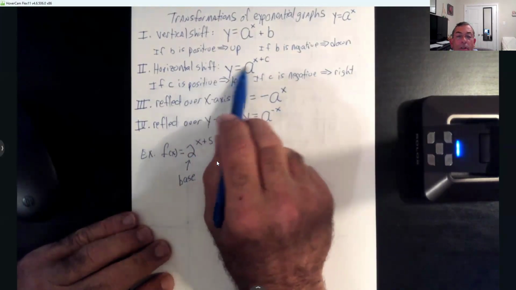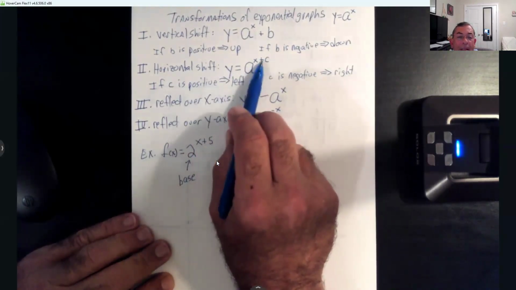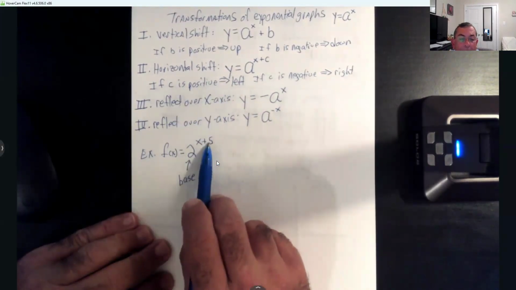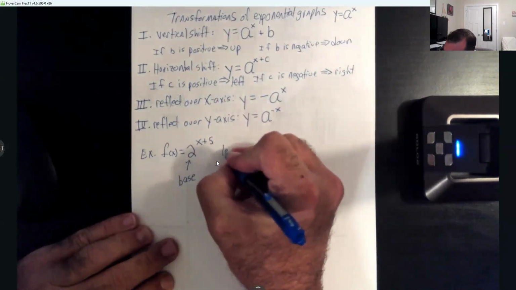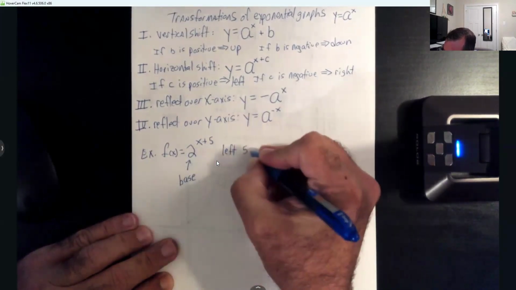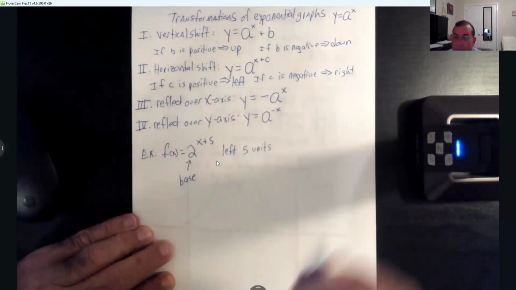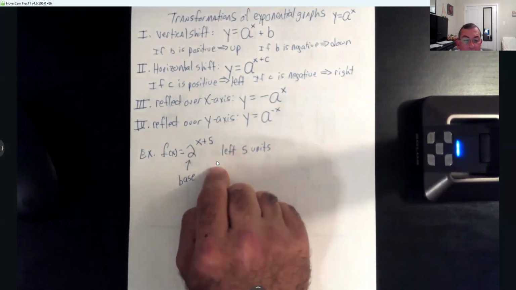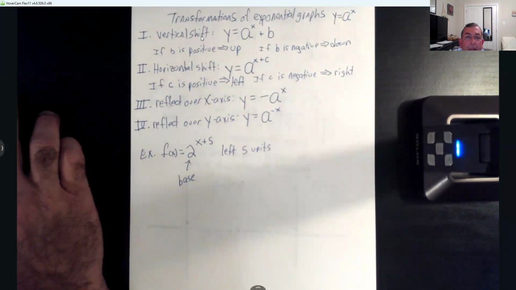So here, that's this horizontal shift when you're adding to the x. And we said if it was positive, you're going to move left. Well, that is positive. So this graph will go left 5 units. And y'all, that's the only move we got. So let's go graph this and see what happens.